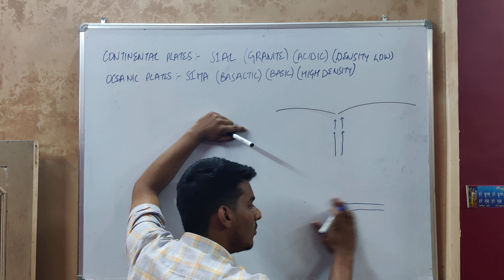If magma is pushing this plate this side and this plate this side, because this was one whole plate before, but now magma has converted this one plate into two plates, one there and one there. Now what will happen? There will be another plate this side, and another plate this side. All right, now these are divergent boundaries.